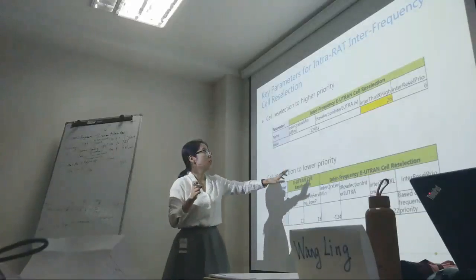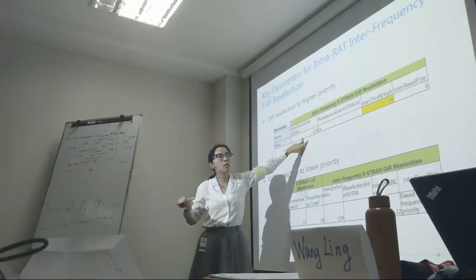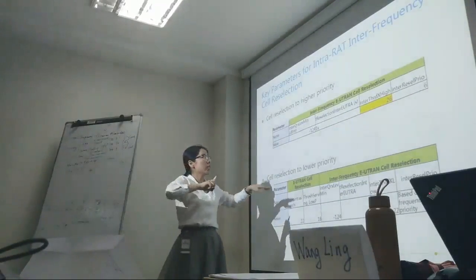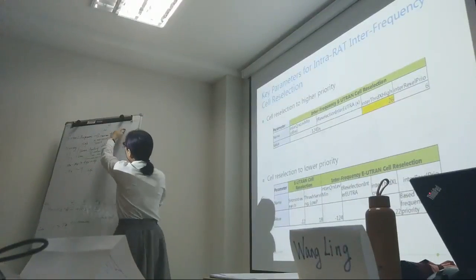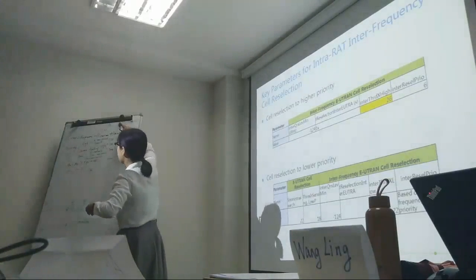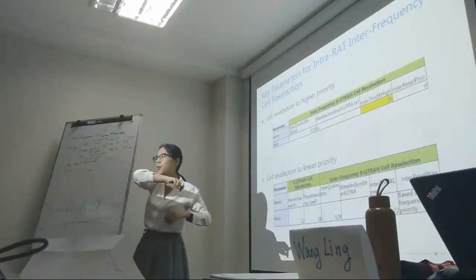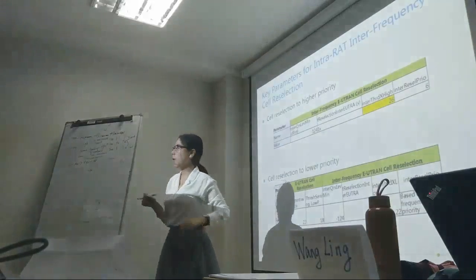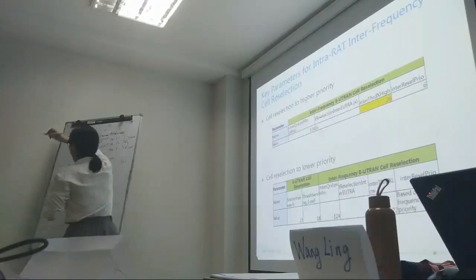So first, this is the received minimum value. Here we don't configure the offset. There is no offset. That means the offset is 0. Now the offset is 0, and the minimum received is minus 124.